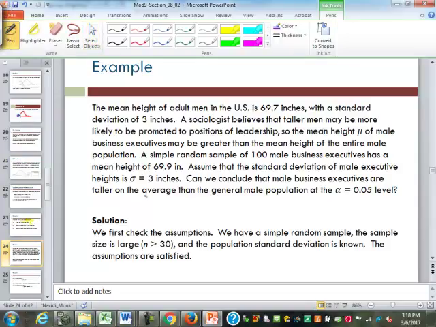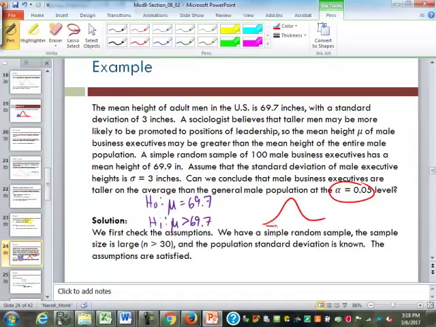First we've got to create our hypotheses. H0 is that the mean is 69.7, the same as our population mean. The alternative is that the mean is greater than 69.7. Then the level of significance we've got to set, they've given us 0.05.